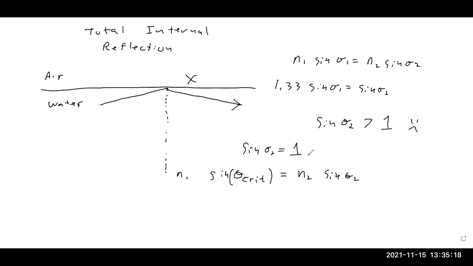So that's going to happen when we are at exactly 1 for the sine of the angle as it escapes, because it can't bend more than 90 degrees and still pass into the air. So this is the equation for our critical angle.